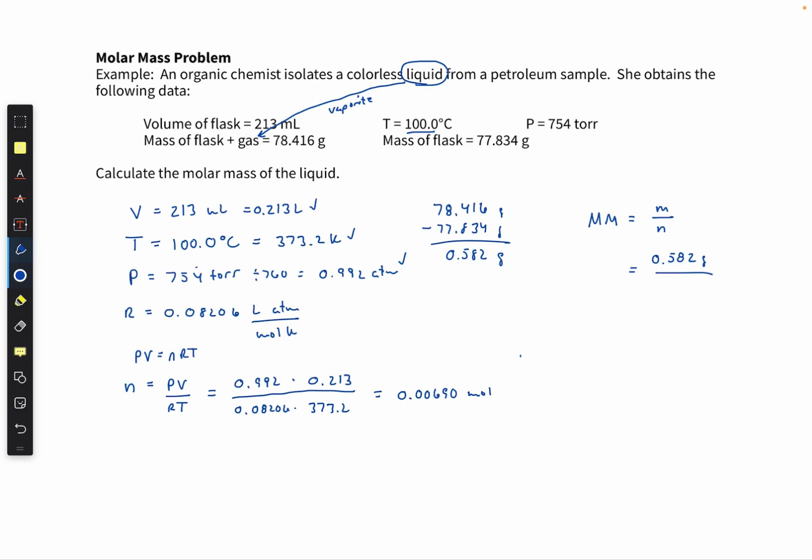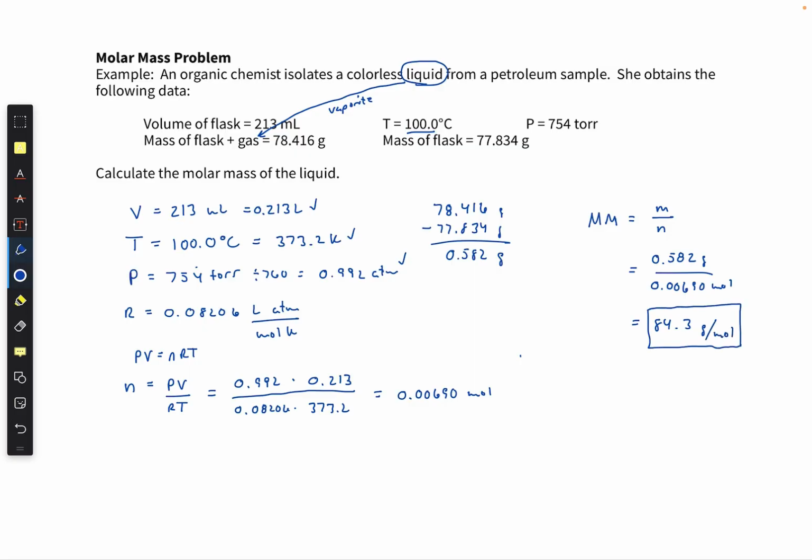Now we know the grams of our sample, and we know the moles of our sample. So if we just divide them, that tells us the molar mass of the material. And when we divide that out, we get 84.3 grams per mole.